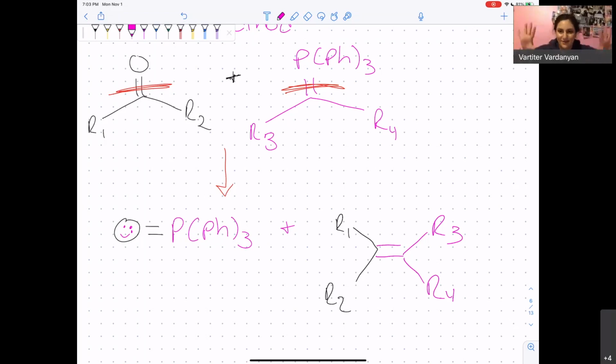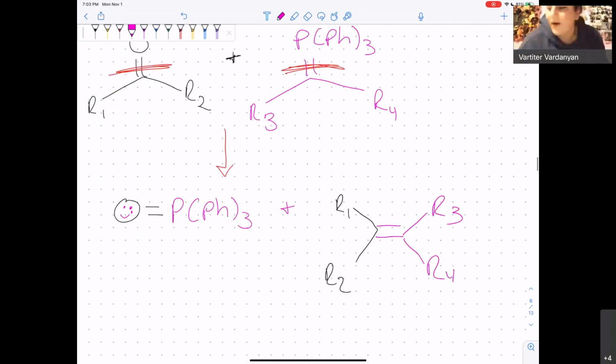So I can either have my arms this way, or I could put them this way, right? Forwards or backwards. It's probably too zoomed in and you can't really see what I'm doing, but that's fine. Same thing with my legs. I can have them forwards or backwards. So for this Wittig reaction, we can switch up R1 and R2, and we can switch up R3 and R4.